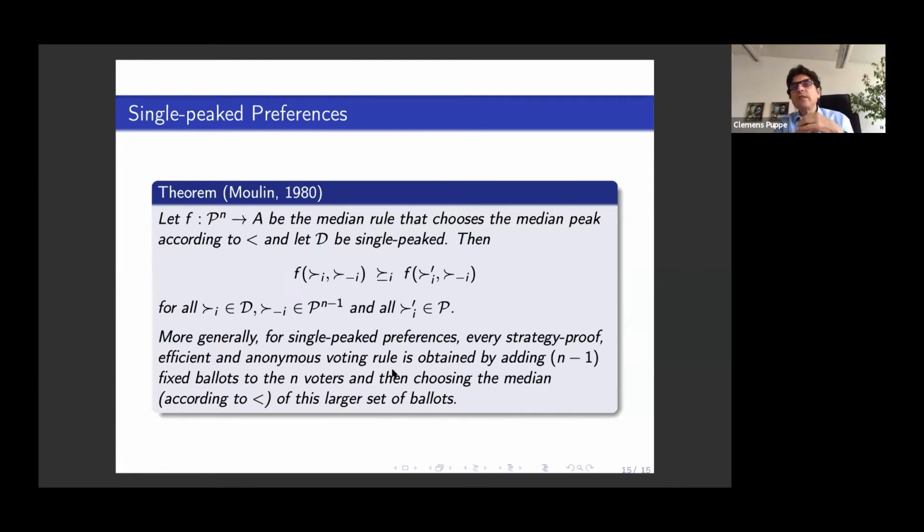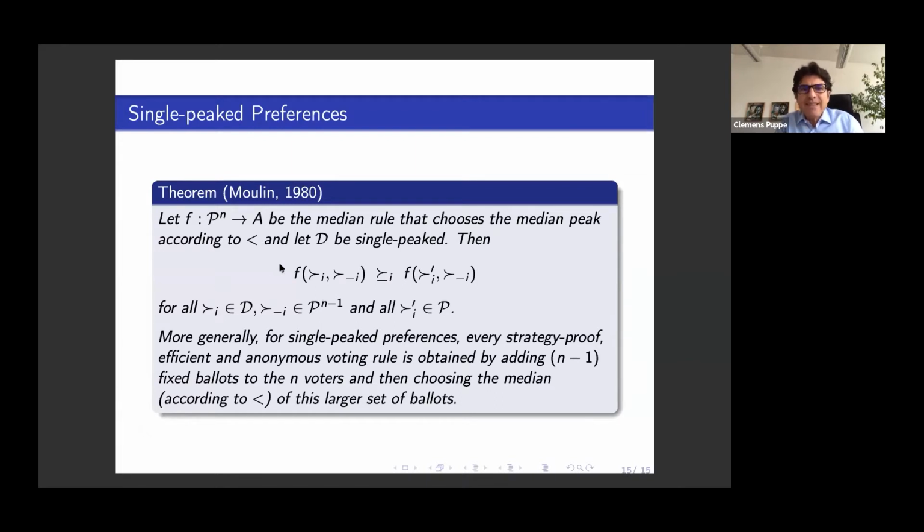So notice, we had some examples before, for instance, with plurality with runoff, where some voter had an incentive to lie about their true preferences, right? To pretend that they would prefer another candidate because that would be advantageous for them. Now, strategy proofness means that nobody should have an incentive to lie about her preferences. And here are all the rules that have this property under the single-peakedness property.